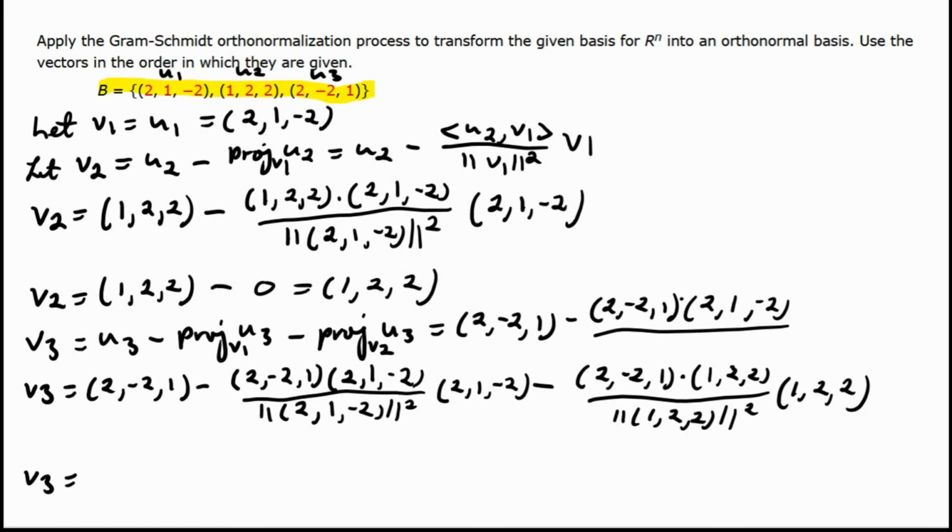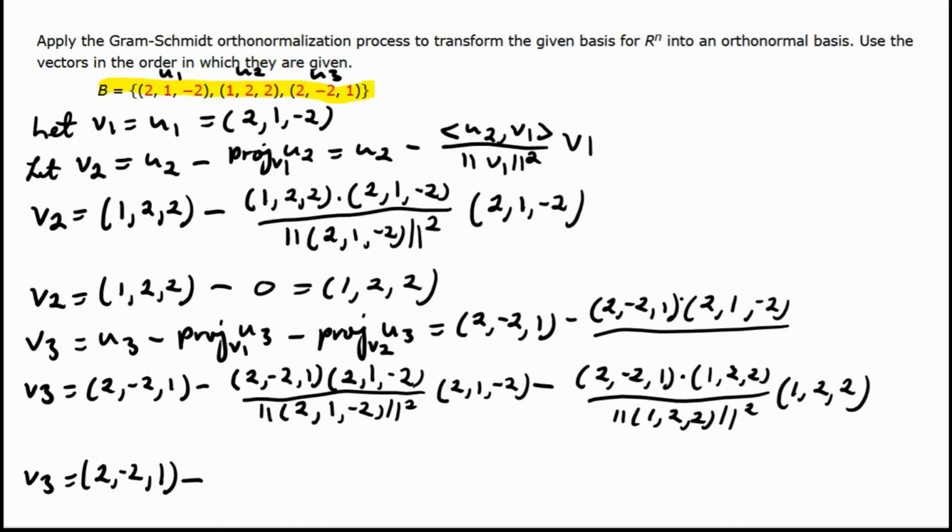So here v sub 3, this is 2, negative 2, and 1 minus, do the dot product here, so this is 4 minus 2, which is 2, minus 2, so that guy goes out, and that's 0. Looks like they've given us an orthogonal set from the beginning.